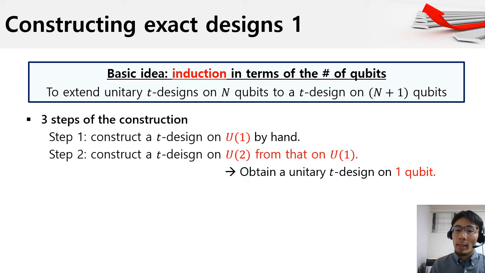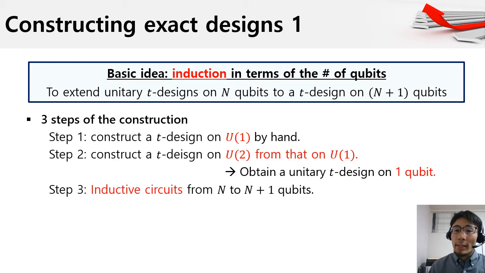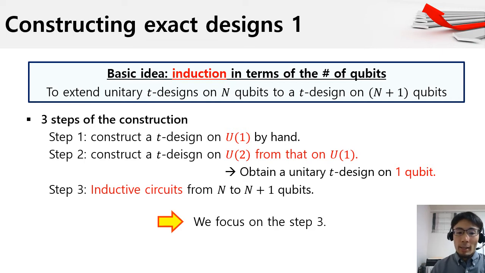By doing this second step, we obtain an exact unitary T design on a single qubit. Finally, we construct an inductive quantum circuit that can extend the exact unitary T design on n qubits to that on n plus 1 qubits. By doing this, we can extend the exact unitary T design to any number of qubits. The most non-trivial of these 3 steps is the third step, so in the following, we focus on the third step.